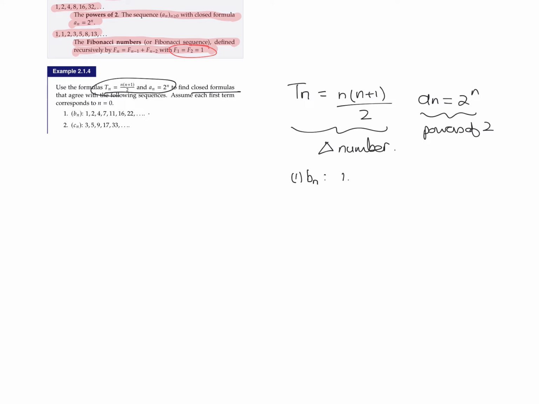And how's it built up? It's built of 1, 2, 4, 7, 11, 16, 22. So let's see. Growth is 1, 2, 3, 4, 5, 6. Okay, now that's interesting.